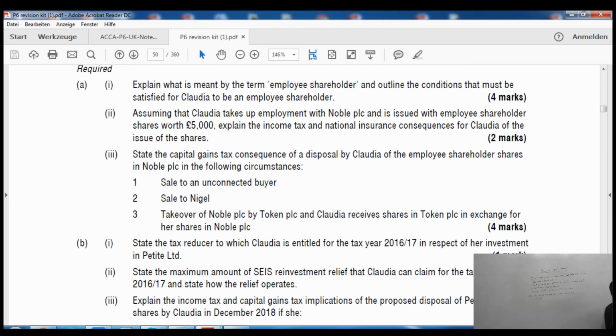Now one is an unconnected buyer. If you sell the shares to an unconnected buyer, what would happen? If you make a gain, up to the first £50,000 there won't be any capital gains tax.